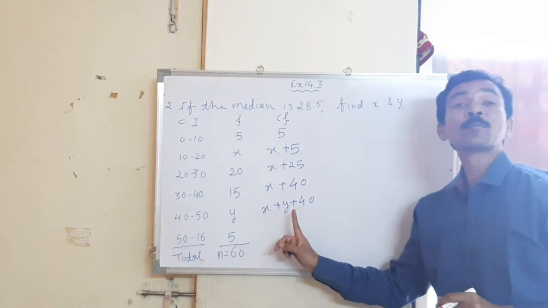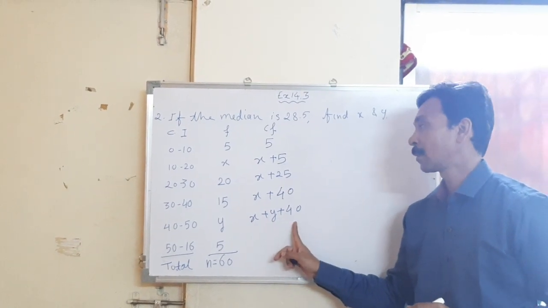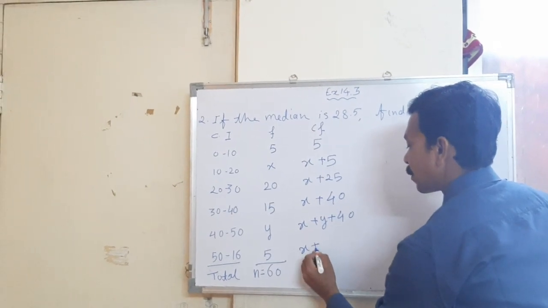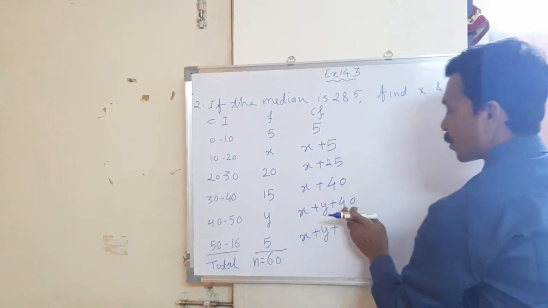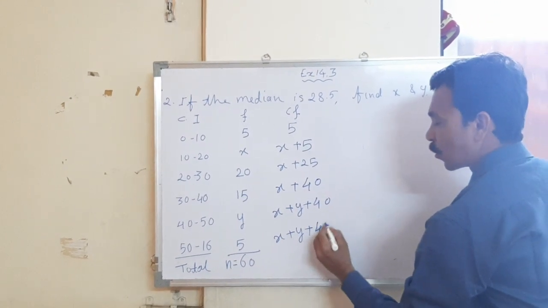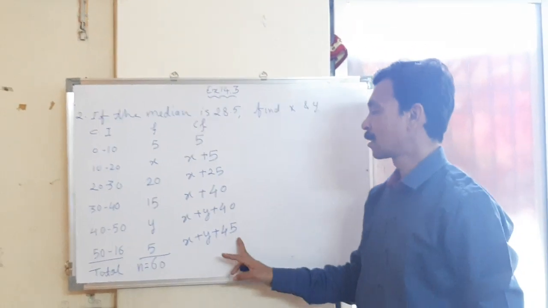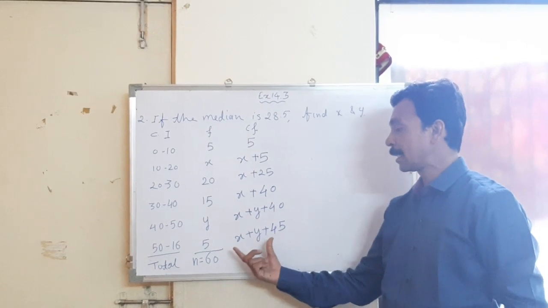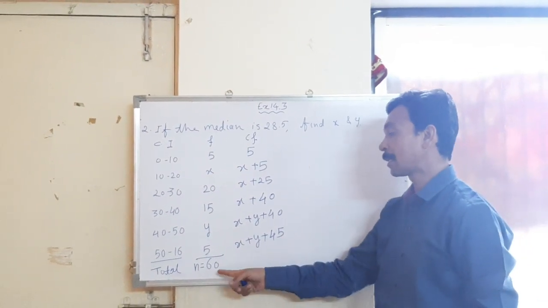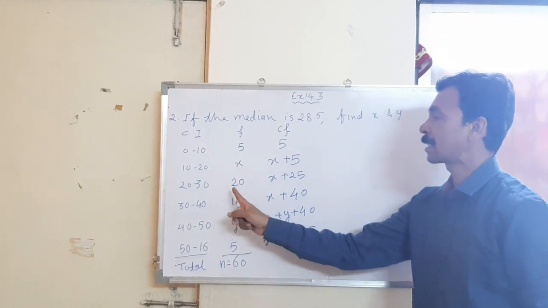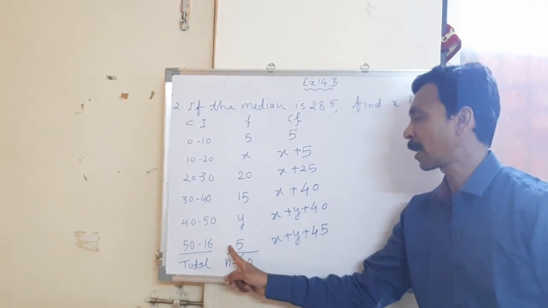It becomes x plus y plus 40. And now the last CF is x plus y plus 40 plus 5 is x plus y plus 45. So the total is 60. Then how do you write this total? Add this: 5 plus x plus 20 plus 15 plus y plus 5.